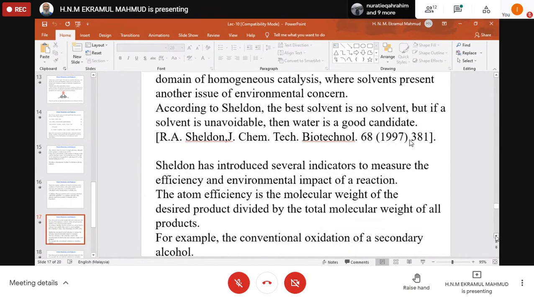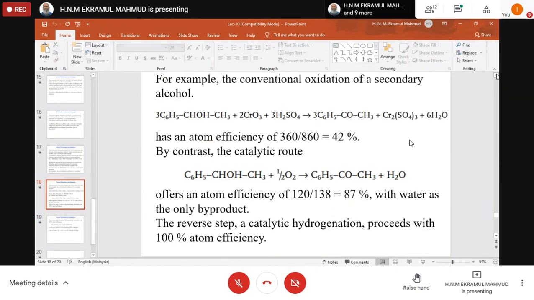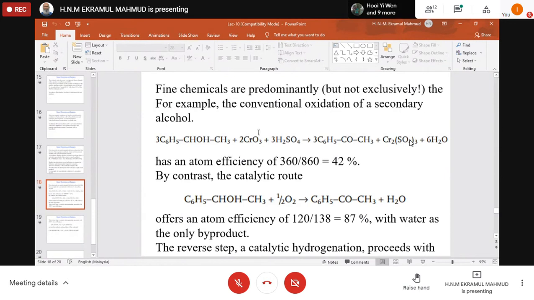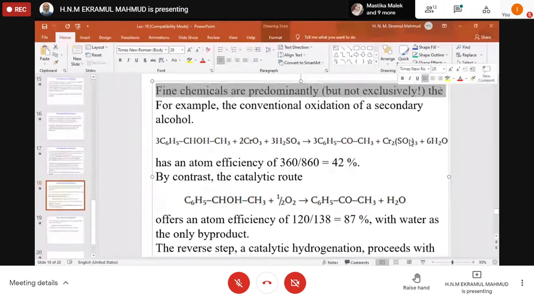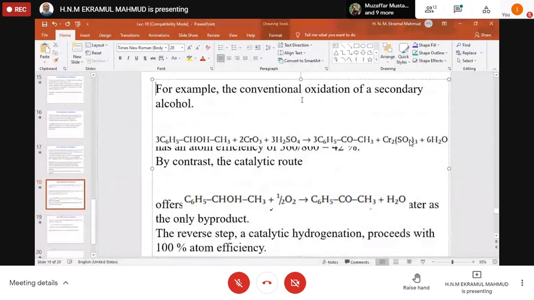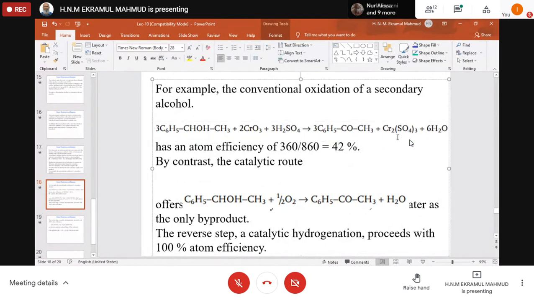Now, for example, the conventional oxidation of secondary alcohol, what we find is that chromium sulfate is coming. So this is the conventional way of producing secondary alcohol.